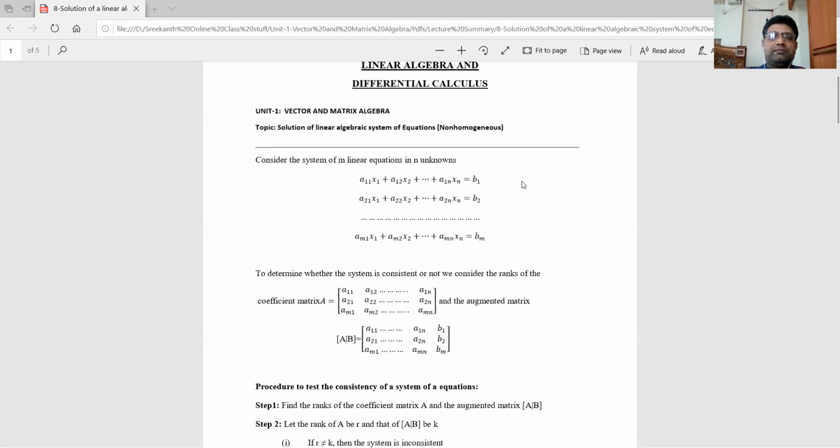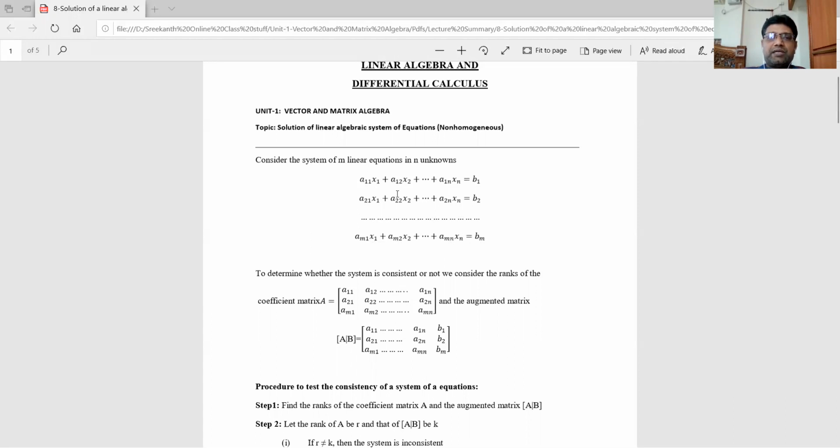Consider the system of m linear equations in n unknowns. a11 x1 plus a12 x2 plus ... plus a1n xn equals b1, a21 x1 plus a22 x2 plus ... plus a2n xn equals b2, proceeding like this, am1 x1 plus am2 x2 plus ... plus amn xn equals bm.